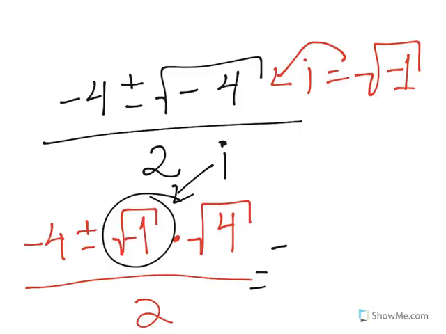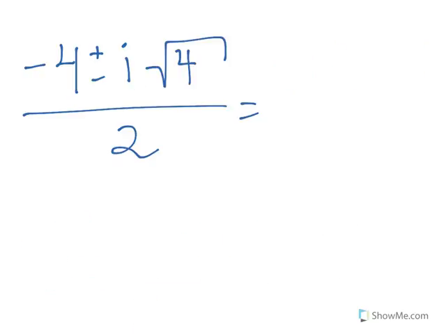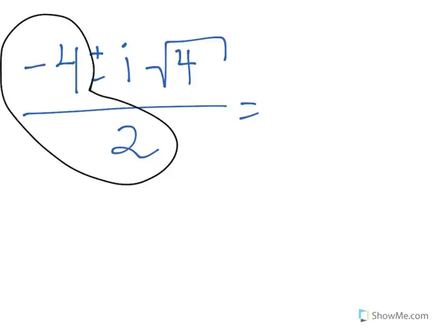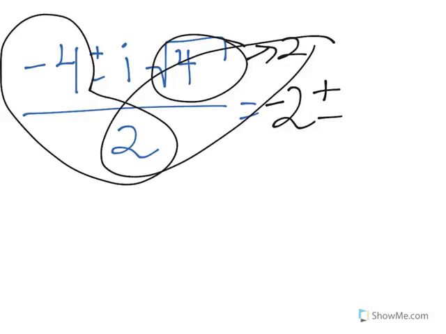And we're left with negative 4 plus minus i square root of 4 over 2. And now we can just divide negative 4 by 2, that's negative 2. And then we know that the square root of 4 is 2. So plus, minus, and also remember to divide this by 2. So plus, minus 1, which is 2 divided by 2, times i.